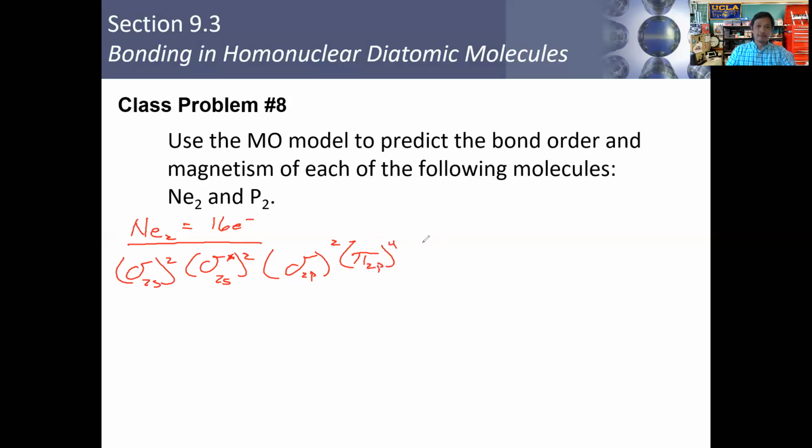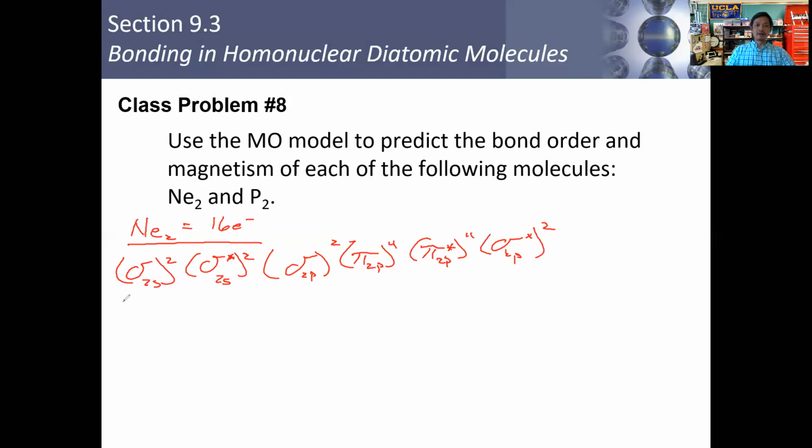Then we have pi 2p star, which is also going to have 4. And then finally, we're going to have the sigma 2p star. That's going to have 2. And that accounts for your total 16. So that is the electron configuration for dineon.